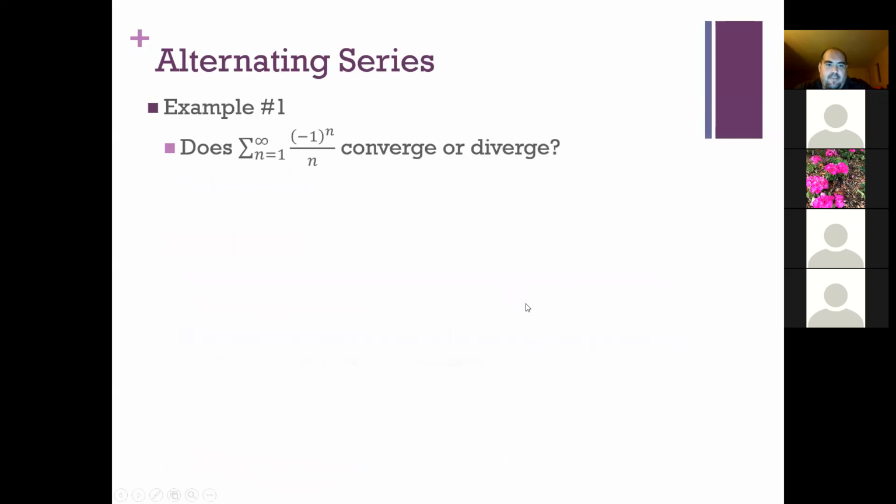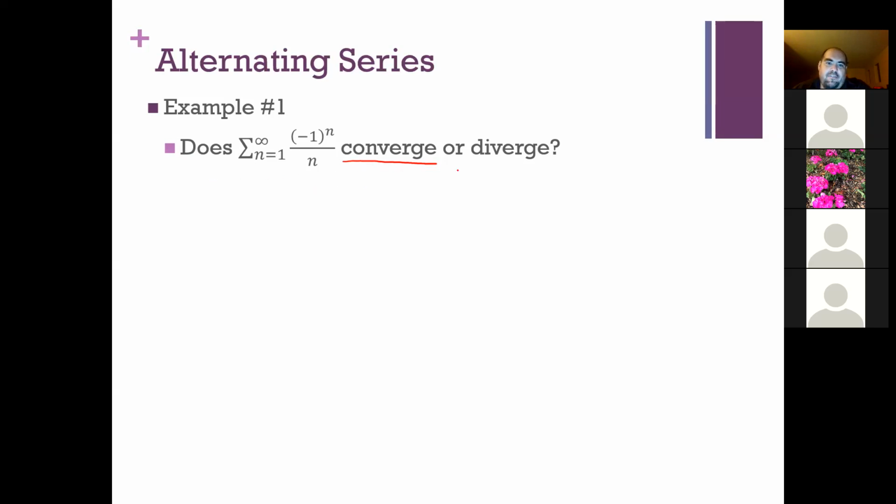All right, so let's look at an example here. Based on this, even though it's not a proof, a graph is never enough to prove something, but it's usually a good tool to get some insight into something.